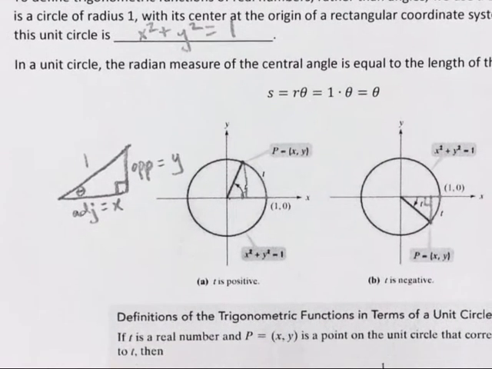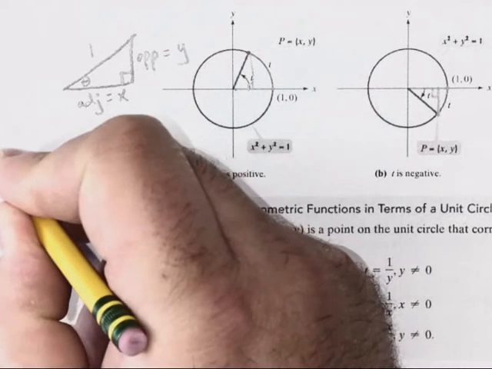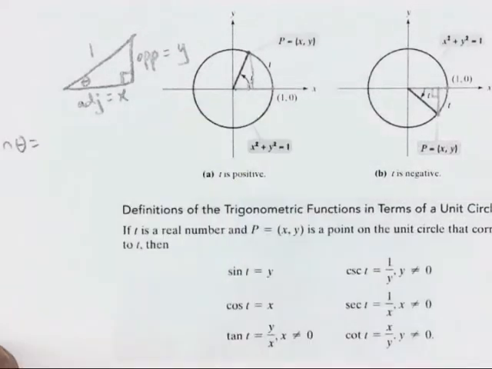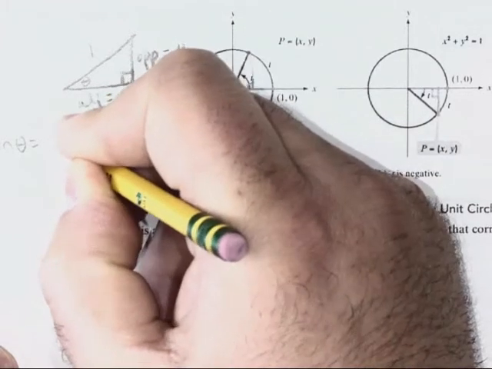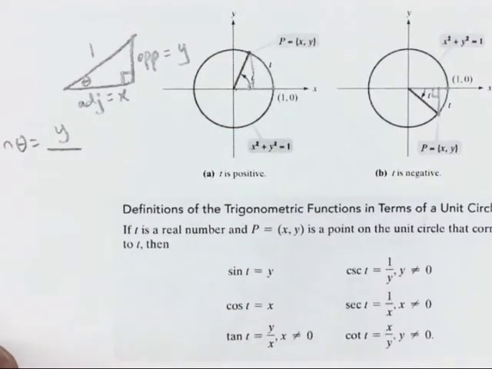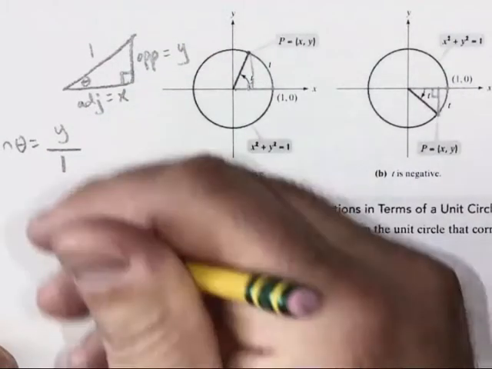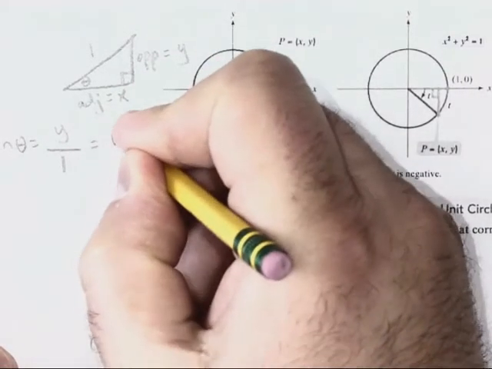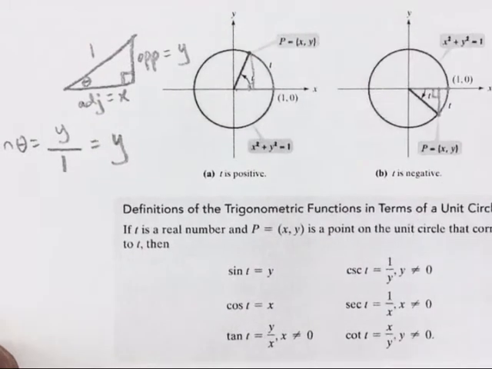Okay, and then we know that sine of the angle is equal to opposite, which is y, over hypotenuse, which is 1. So then the sine of our central angle is equal to the y coordinate of this point.